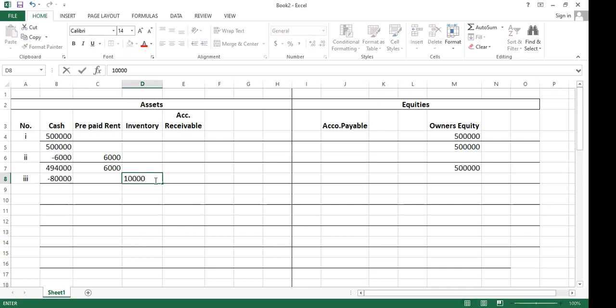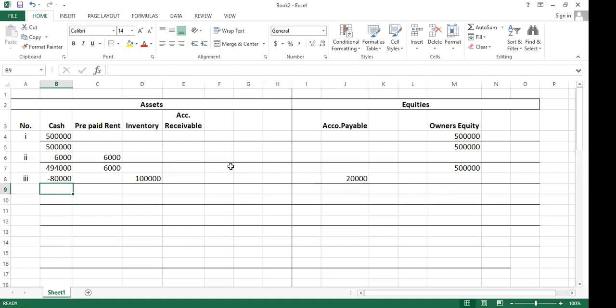Reduce cash, add the inventory 100,000, and the accounts payable account is newly introduced, 20,000. Owner's equity does not change because the additions and reductions cancel out.